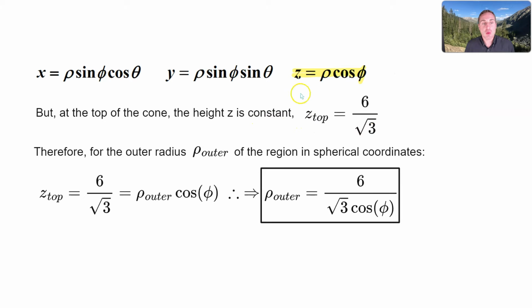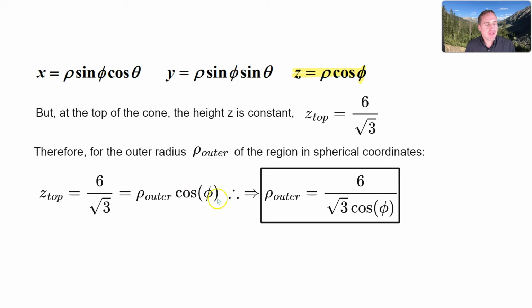But if we take this equation, which relates z to rho and phi, we can solve for rho outer. That is the outermost radius of the spherical coordinates integration. So we say z top equals 6 over square root of 3, and that's equal to rho outer, the largest radius, times cosine of phi.